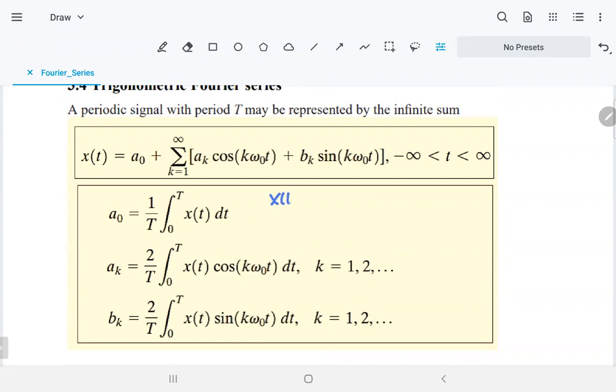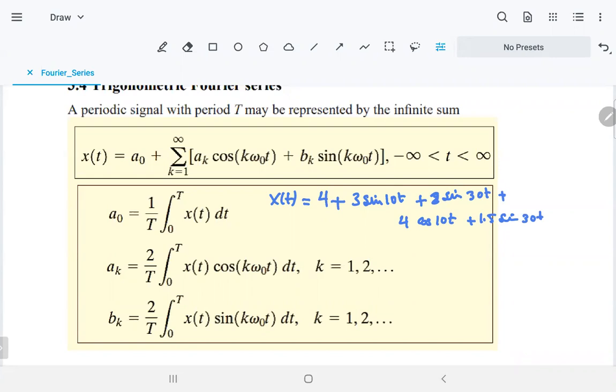You might find something like that: x of t equals 4 plus 3 sine 10t plus 2 sine 30t plus 4 cosine 10t plus 1.5 sine 30t. What is that? All these are the components of the signal after I did the Fourier series.